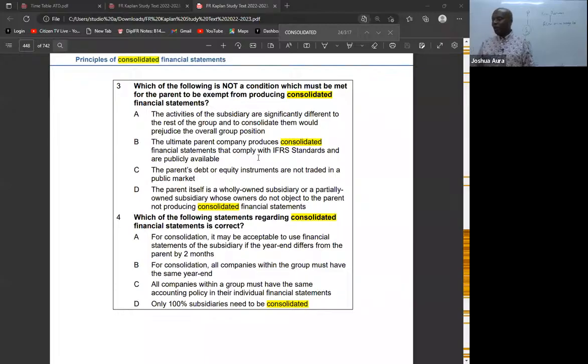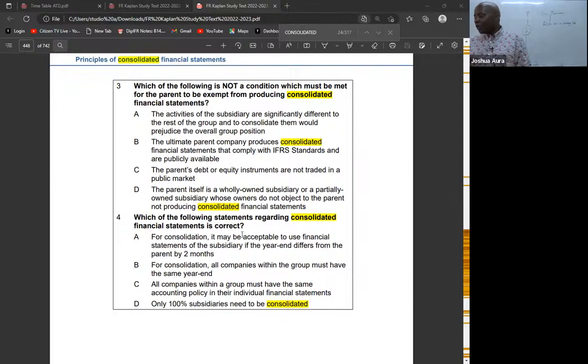And then 4, which of the following statements regarding consolidated financial statements is correct? A, for consolidation, it may be acceptable to use financial statements of the subsidiary if the year end differs from the parent by 2 months.